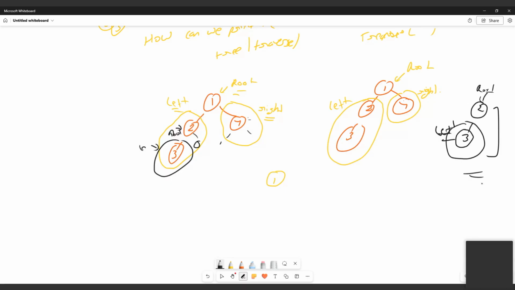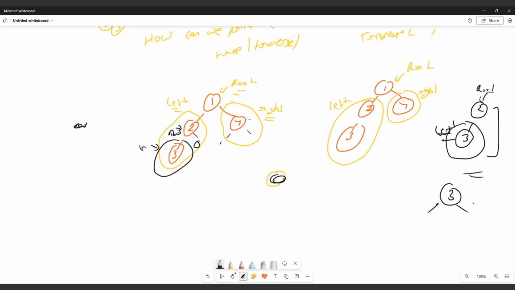Okay, guys. So what can I do? If first I am taking the root, I am playing only with the root. This is the root for the main tree. This is the root for the left subtree. Again, this 3 is also a root, for this left subtree, where there is no left, there is no right.